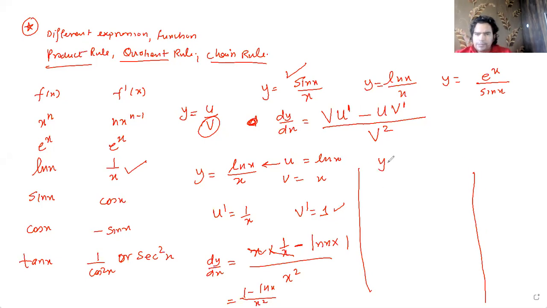Now if you have y equals, let's say, sine x over x, and you want to do the derivative, here let's say u is sine x and v is x.